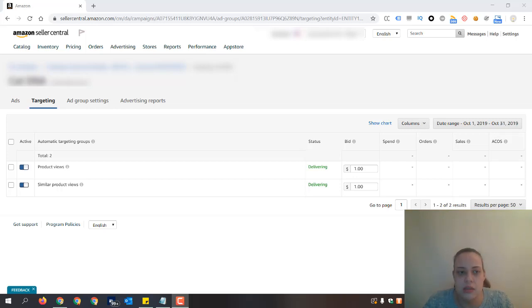So that being said, similar product views goes along with that strategy, which means if you can afford to spend extra budget on a specific campaign, that would definitely be a display campaign for similar product views, because Amazon will show your product to people who saw products very similar to yours, and they have pretty good ways of determining which ones are super similar, and they will know for sure who is the relevant person to show it to.